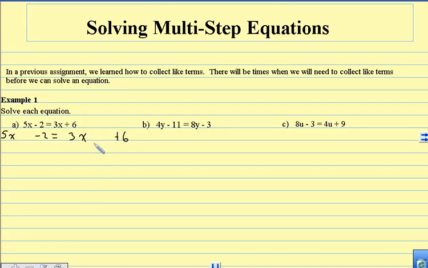Now what I want to do is get all the x's to one side, and I'm going to choose to bring all the x's to the left side, with the 5x here.